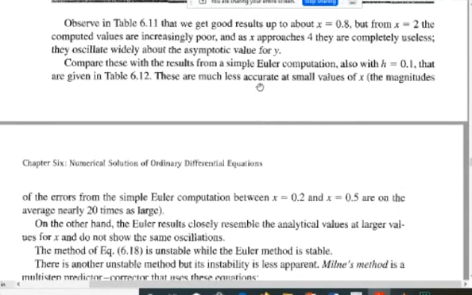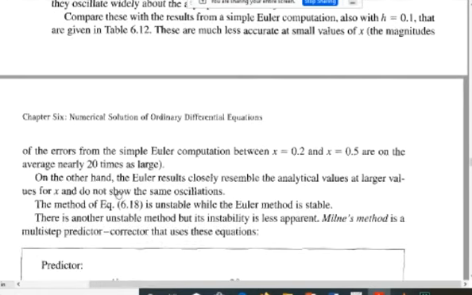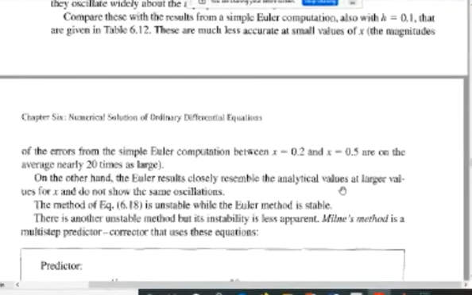These are much less accurate at small values of x. On the other hand, the Euler results closely resemble the analytical values for large values of x, and do not show oscillations.